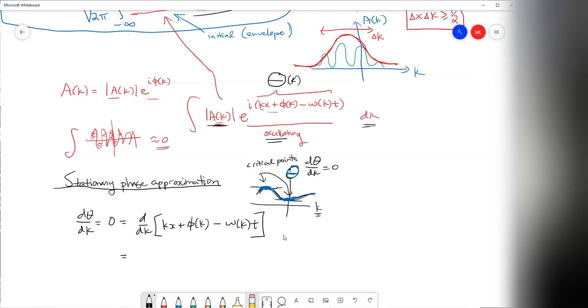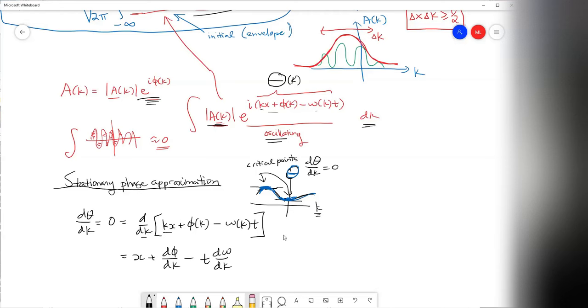And what is this? Well, d dk acting on kx just gives us an x. Then we get a plus d phi dk, which is a derivative of the phase of the initial amplitude. And then we have a minus t d omega dk.